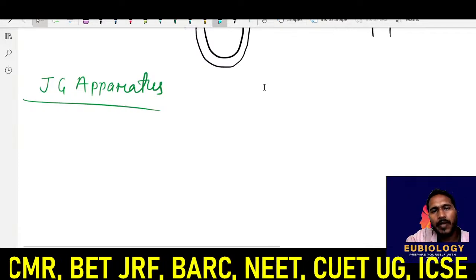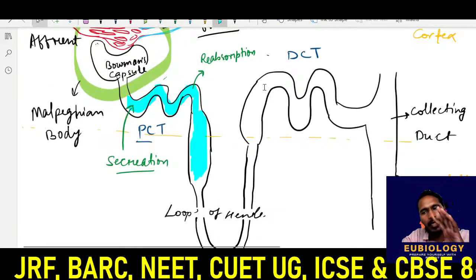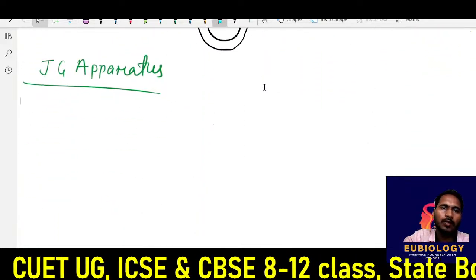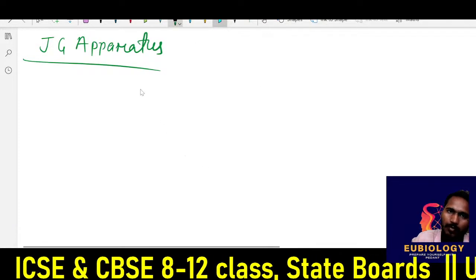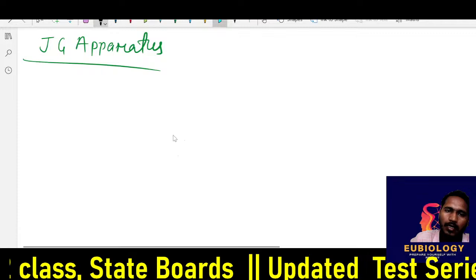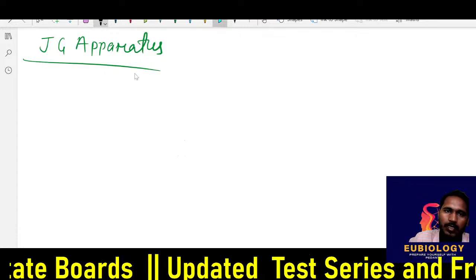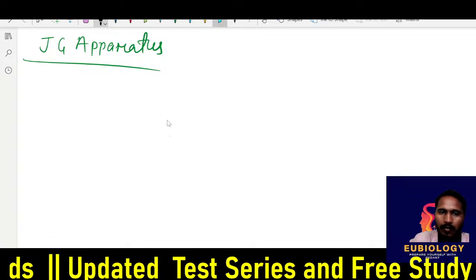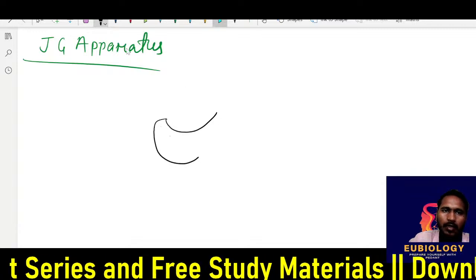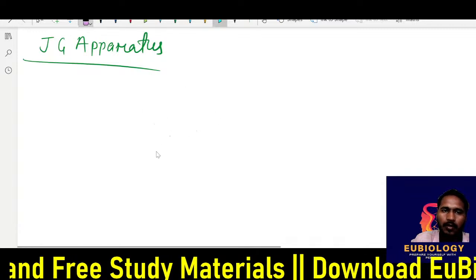This is the typical nephron, but the original nephron does not look like this. Now you see how the original nephron looks. This is your Bowman's capsule. I will make a little small diagram, small, not very large.